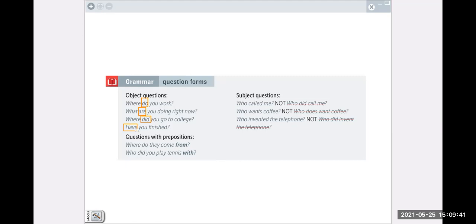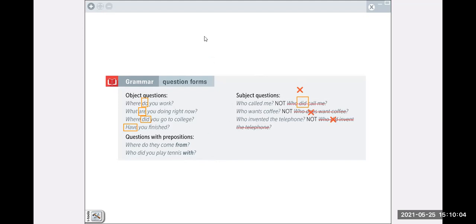In the subject questions, we don't have auxiliary verbs and we don't have a subject, right? Who called me? We don't use does, we don't use did.